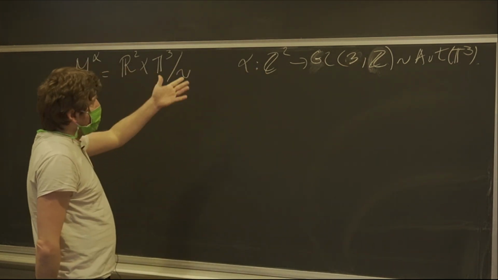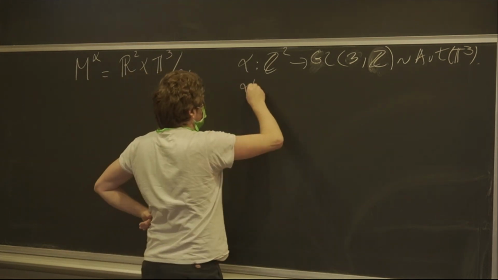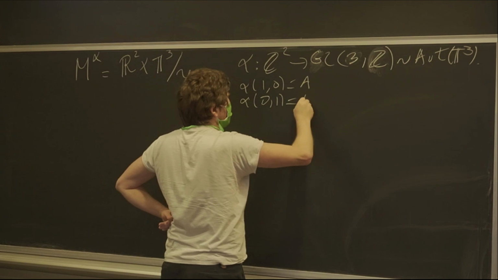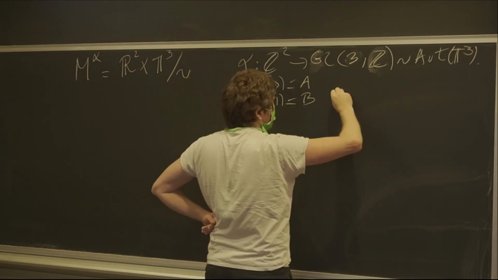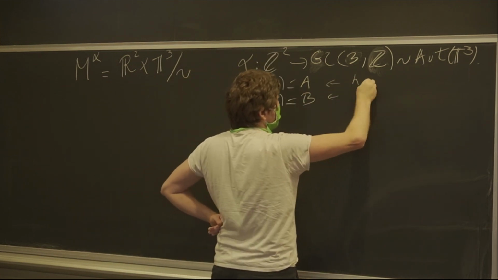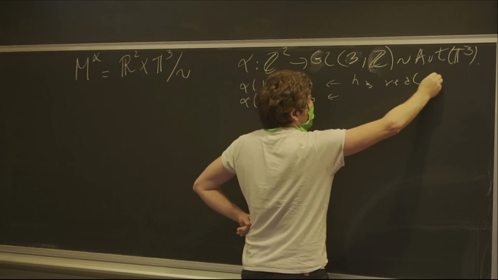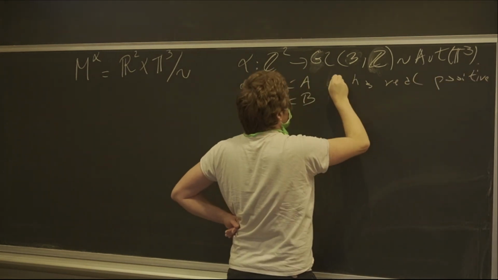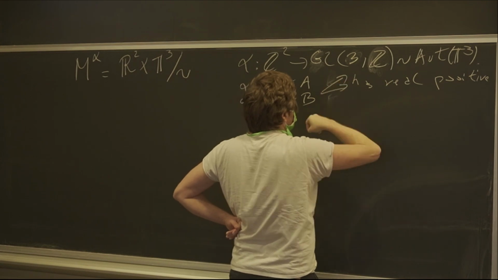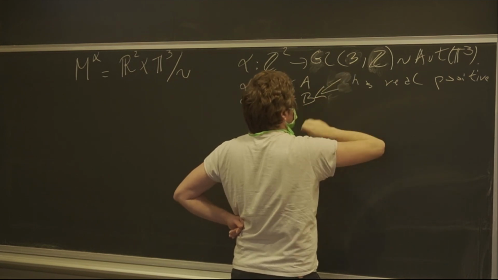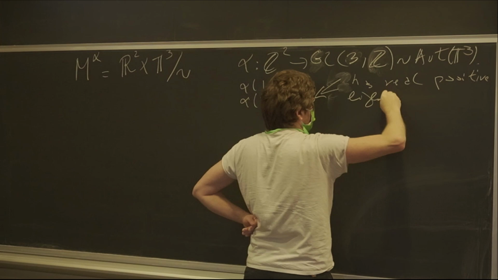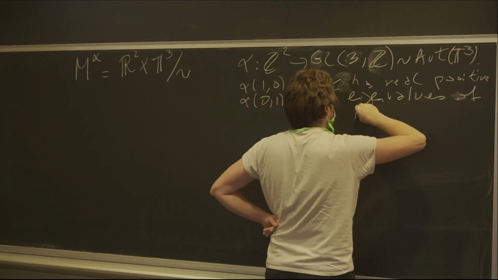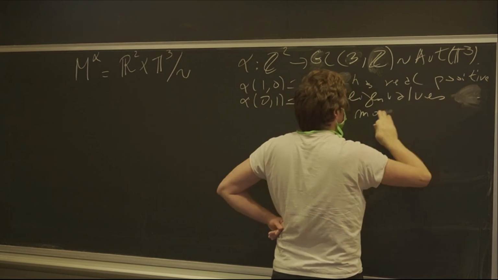We further made the assumption already that alpha of (1,0) is A, alpha of (0,1) is B. They commute because of this, and we assume that these have real positive eigenvalues of modulus different from 1.